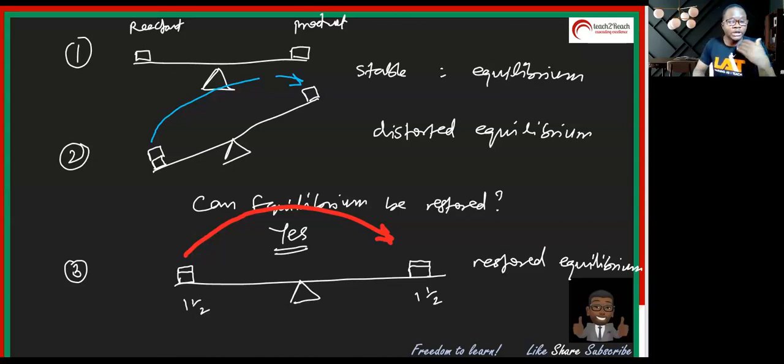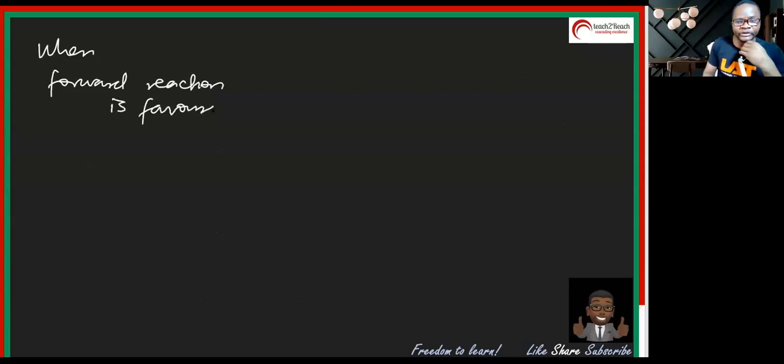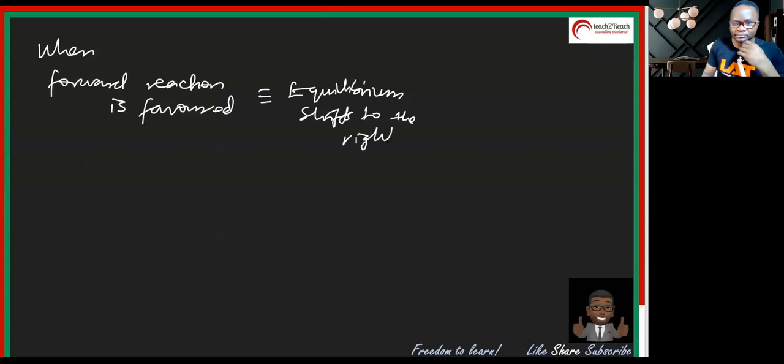So when we say equilibrium favors the forward reaction, what does it mean? Equilibrium favors the backward reaction, what does it mean? When the forward reaction is favored, it means that equilibrium shifts to the right.